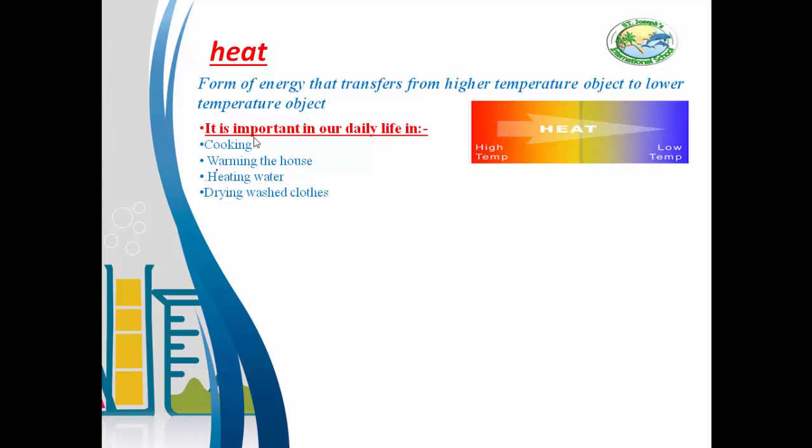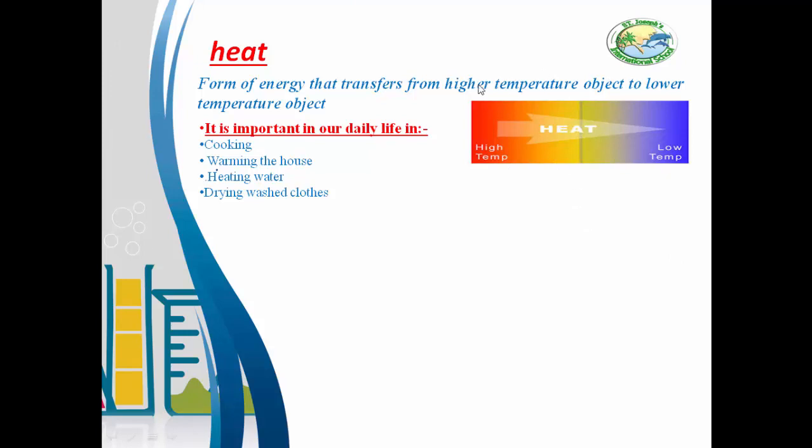So we can say that heat is very important in our daily life and for industry. It's a form of energy that transfers from a higher temperature object to a lower temperature object.